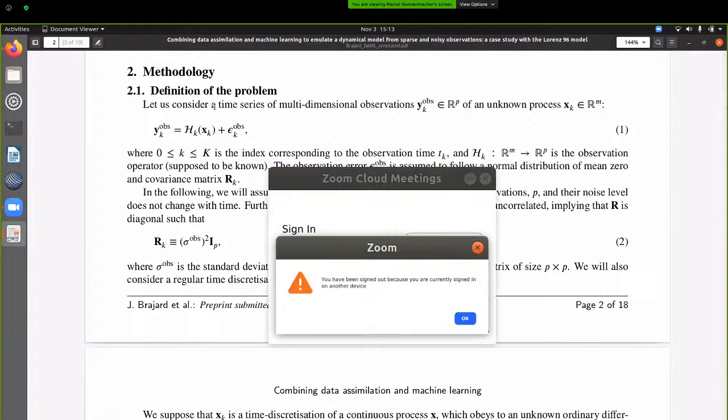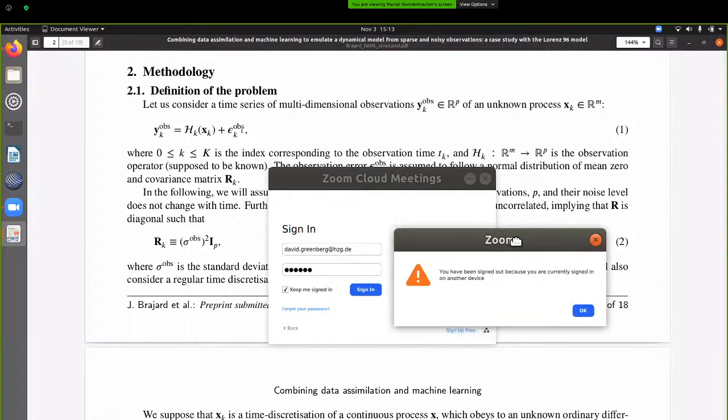In machine learning, we call them latent variables, X. At a specific point in time, they use K as a time index, Y_k is obtained by taking the actual state X_k and pushing it through an observation operator H. It can be a linear operator, and it's going to be for all of the experiments today, which just subsamples a bunch of positions from the state, and then to those that it's subsampled, it adds Gaussian zero mean noise. So this is how the observations come about from the system state.